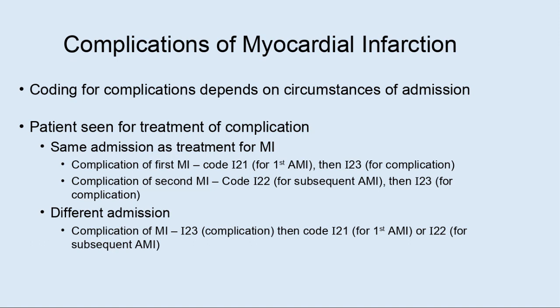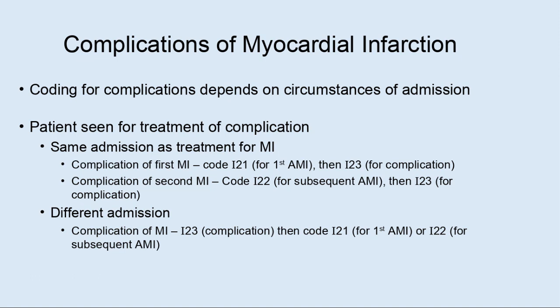If it's a complication of the first MI, same admission, code an I21 code and then I23. If it's a complication of the second myocardial infarction, I22 and then I23. So the myocardial infarction is first and then the fact that there's a complication. On the other hand, if it's a different admission, if the patient was seen, the MI was treated, they were released, and they come back with a complication, admitted again, you code the complication first and then a code for the first myocardial infarction or a subsequent one.